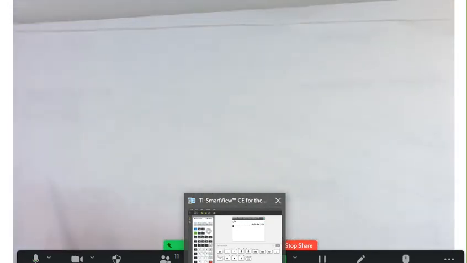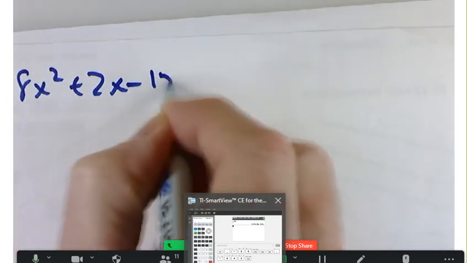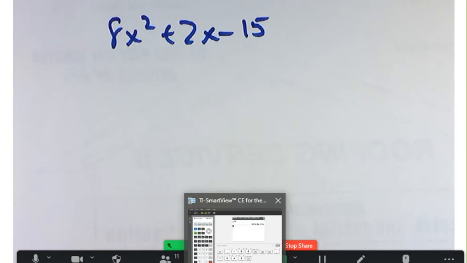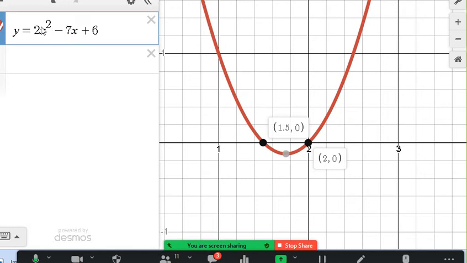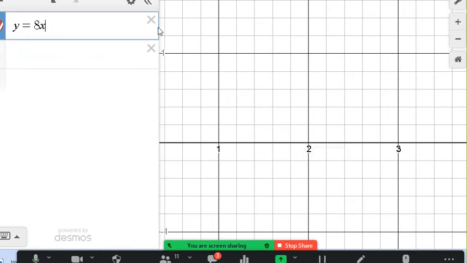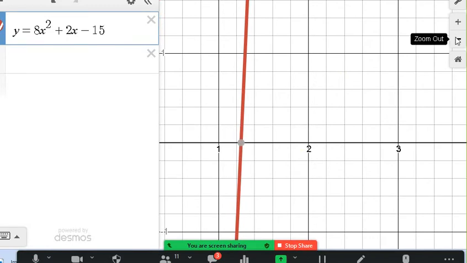I'll write that down. x squared plus 2x minus 15. You're going to start by graphing that and finding its roots. So let's see, x squared plus 2x minus 15. And you might need to zoom out a little bit.